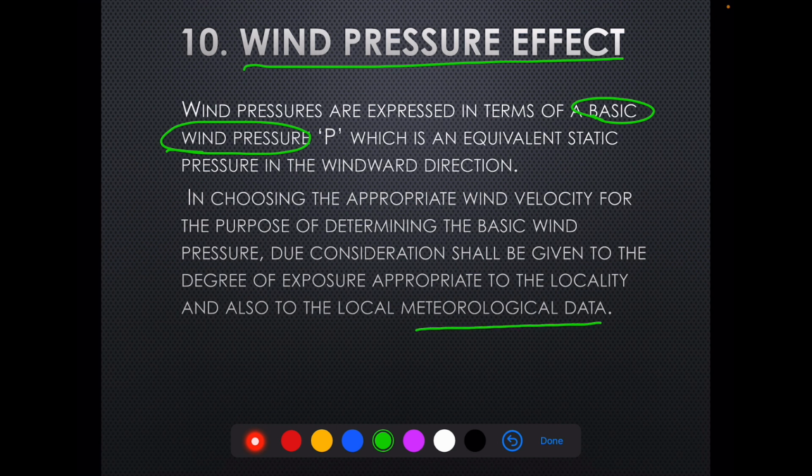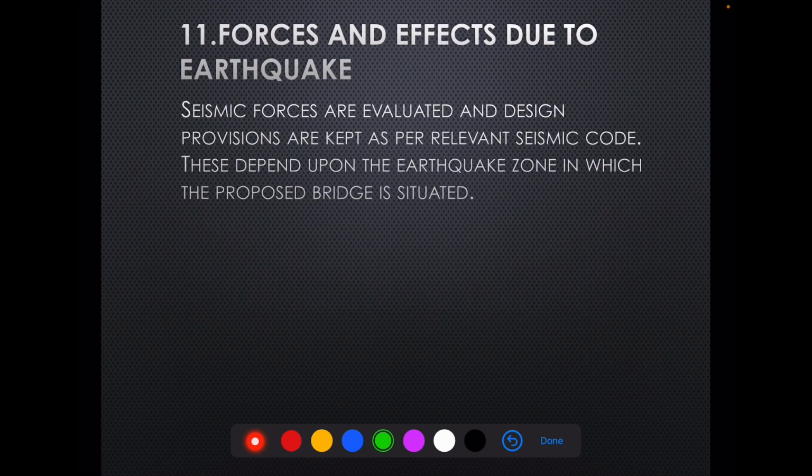So normally, the country is divided into various wind zones, wind zone 1, wind zone 2, wind zone 3, and accordingly, basic wind pressures in these wind zones are predefined by the meteorological department.